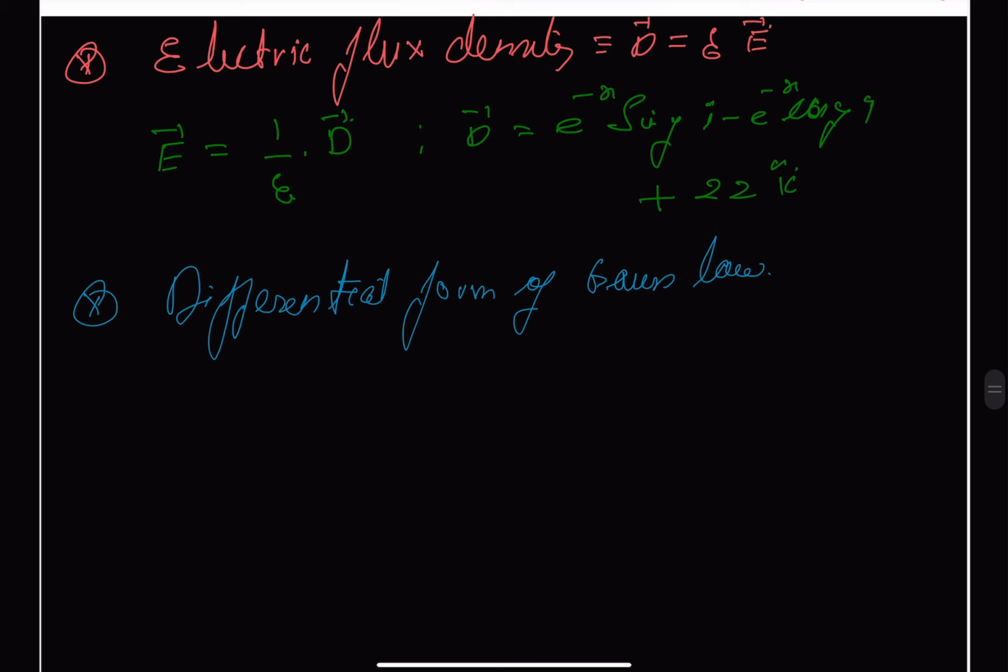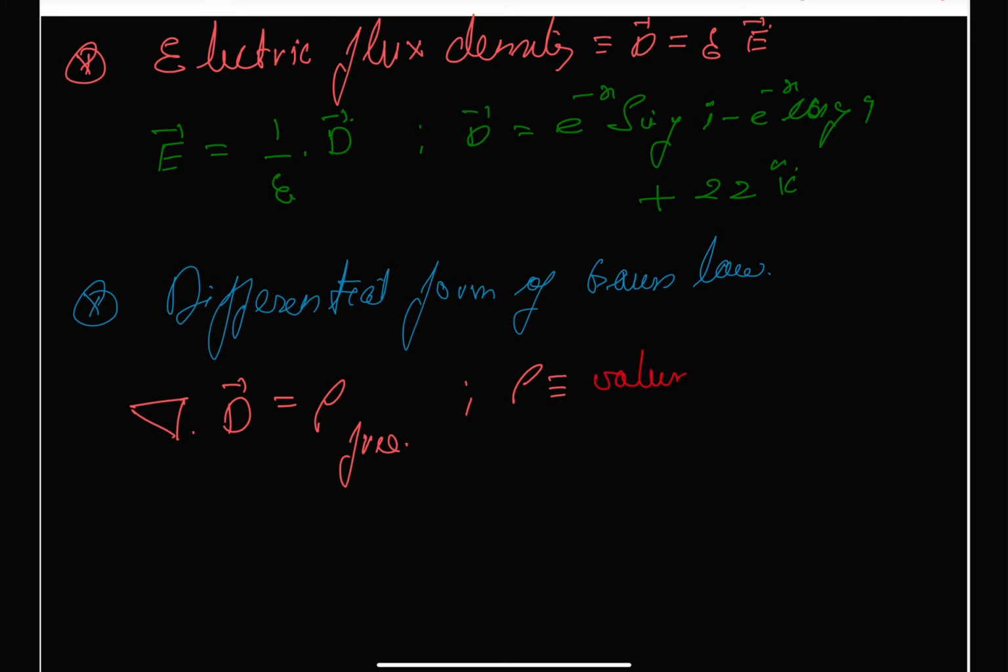Okay. The differential form of Gauss law gives us that del dot our flux density is equal to our charge density, rather, and here this is our volume charge density.